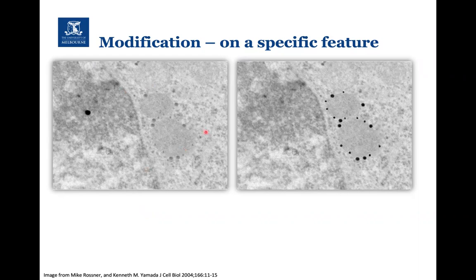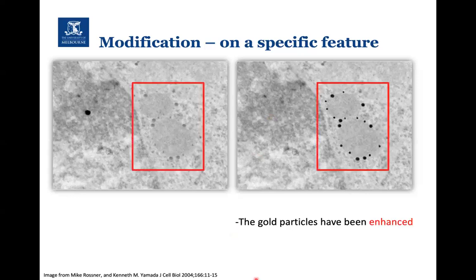So this is the raw image. These are the structures they're interested in, these little black blobs here. What they've done is gone in and increased the contrast just in the structures to make them a little bit more visible. They've also removed this black blob here for some reason in their image as well.